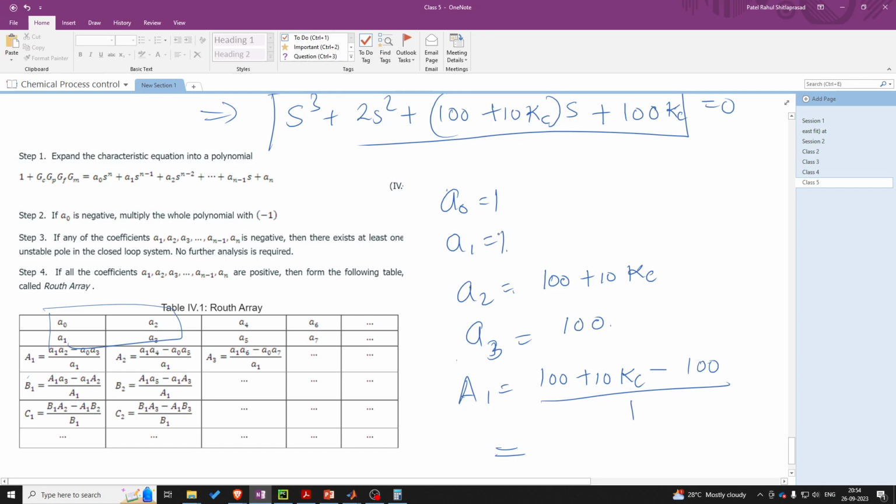Over here A1 is 2, that is where I was incorrect. So on the denominator it will be 2. So this will give me 200 plus 20 Kc upon 2. You can just try verifying whether I'm doing it algebraically correct or not.